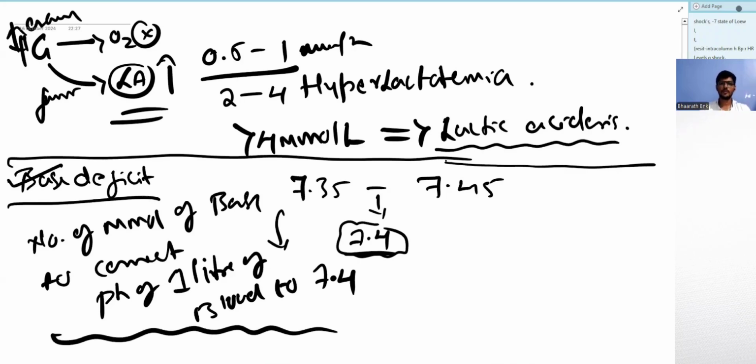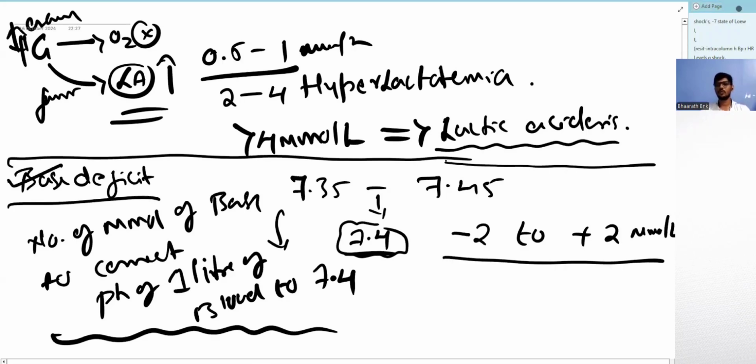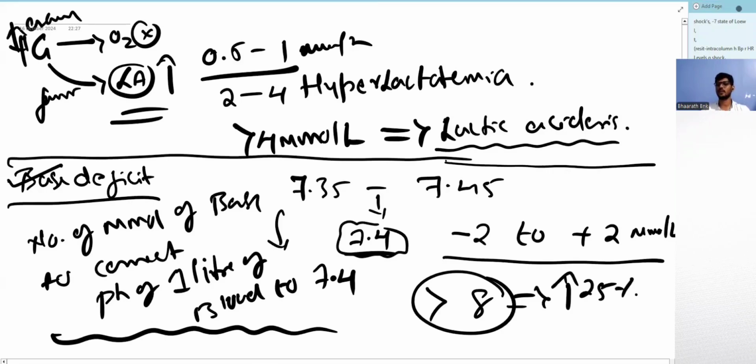So it is the number of millimoles of base which is required to correct the pH of 1 liter of blood to 7.4. It can range anywhere between -2 to +2 millimoles or milliequivalents per liter. If it is more than 8, it is considered to be associated with 25% mortality, right?